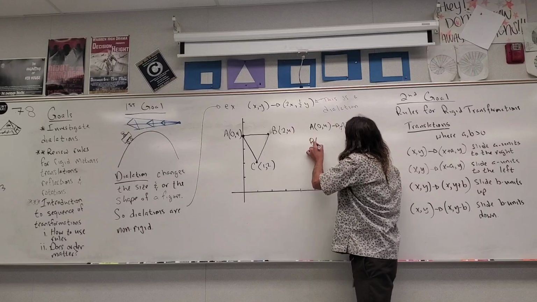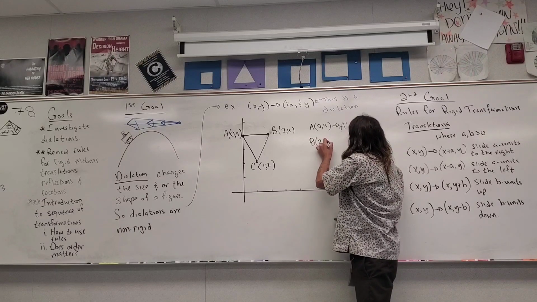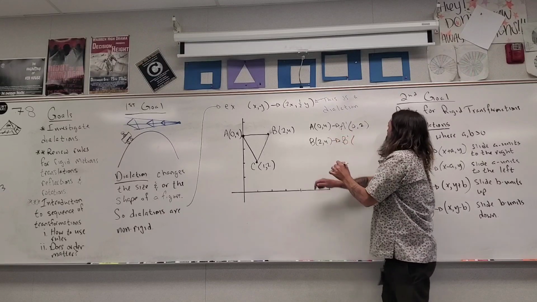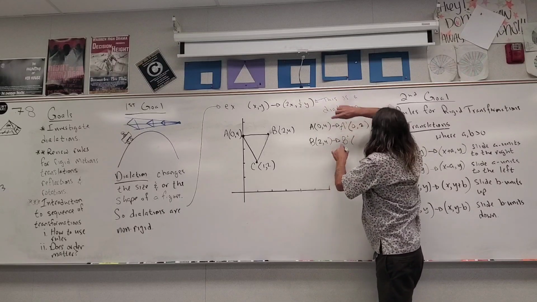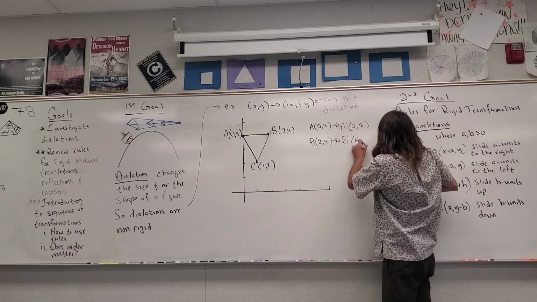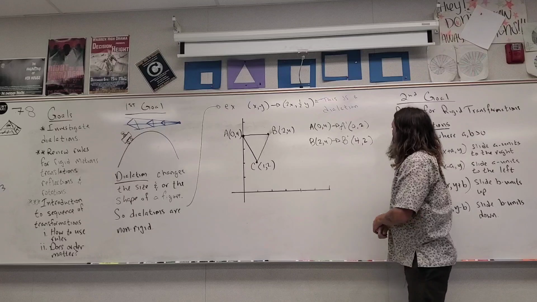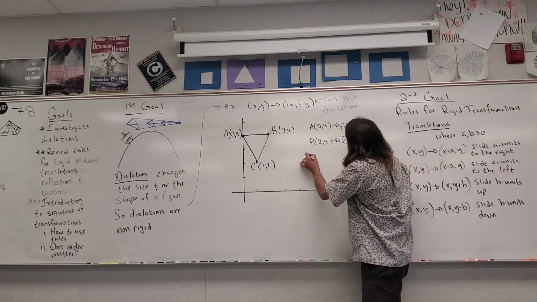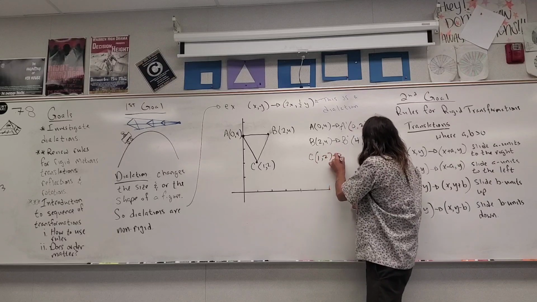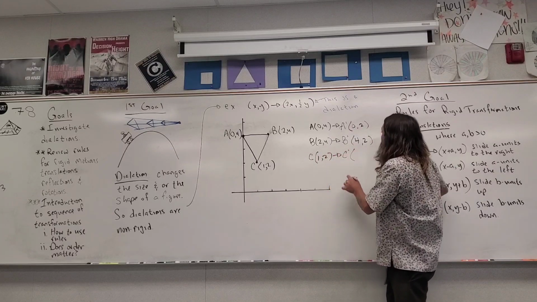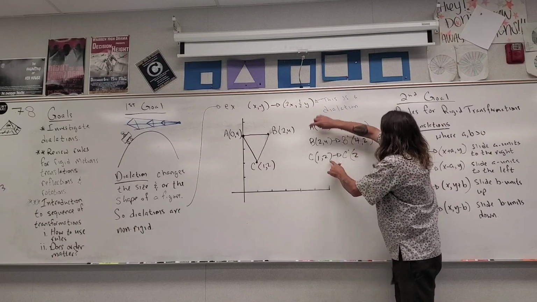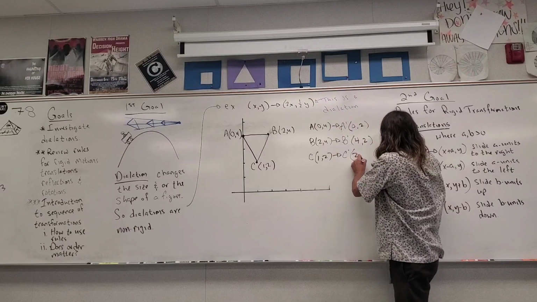B, which is (2, 4), is going to map to B prime. 2 times 2 is going to get me to 4, and then half of 4 is going to get me to 2. And C, which is (1, 2), is going to map to C prime, which is twice the x, which is 2, and half the y, which is now 1.